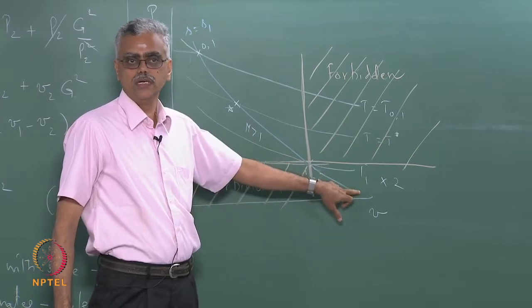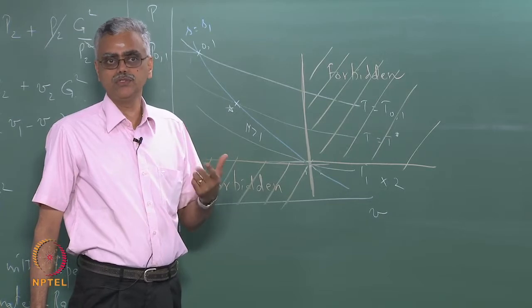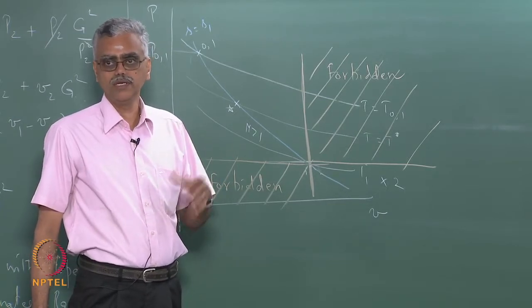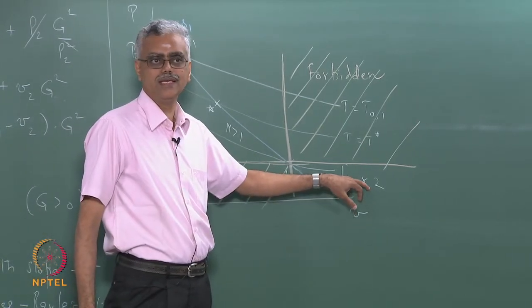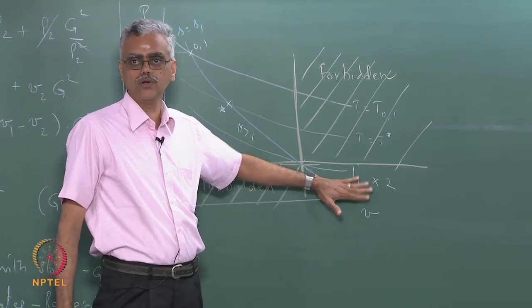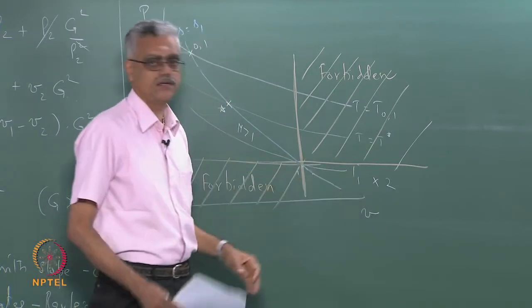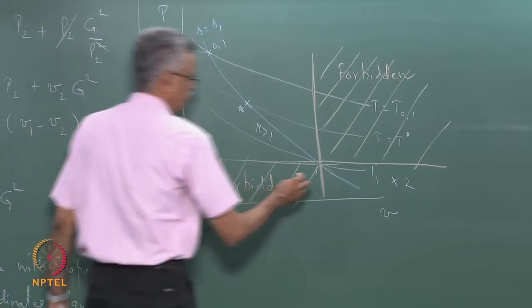P2 is less, V2 is more. So that means this is an expansion shock solution, which as you know is forbidden by the second law of thermodynamics, because the entropy for this point would actually be less than the entropy here. Any solution which lies in this quadrant will have S2 less than S1. So solutions which lie here are also forbidden by the second law.